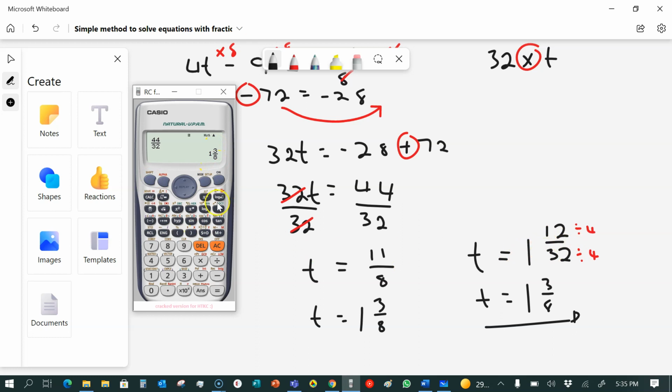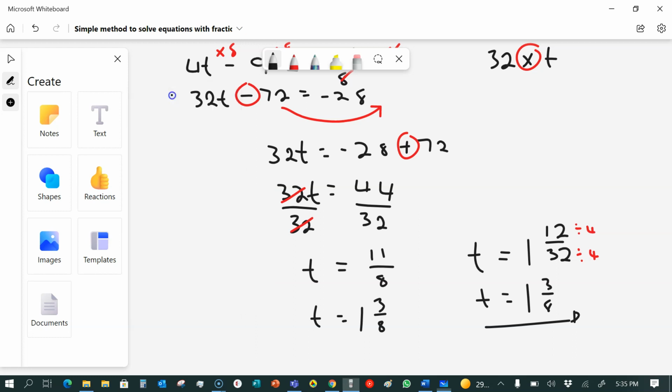This is also the same thing. If I put that number there as it is, shift fraction symbol, and I say 1, and then I put 12 over 32. This is what I'm going to get. So this here is the same as 11 over 8 as well. If you simplify it further, and as a decimal, you see.